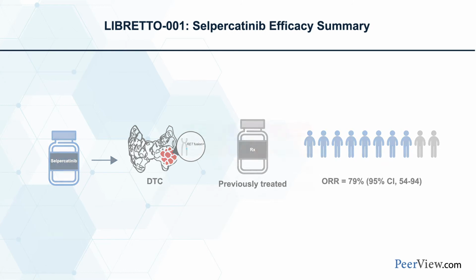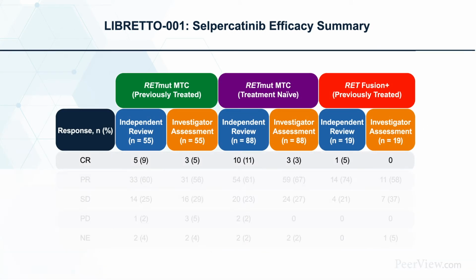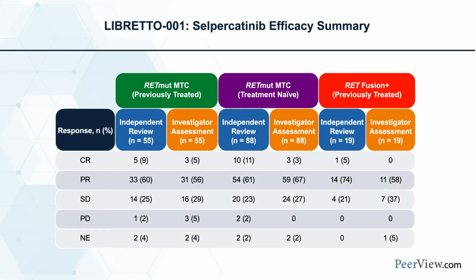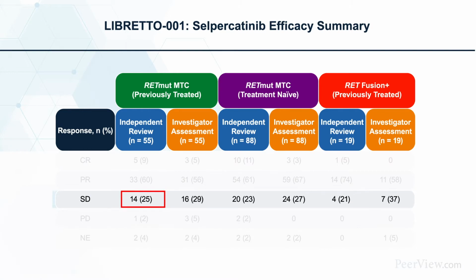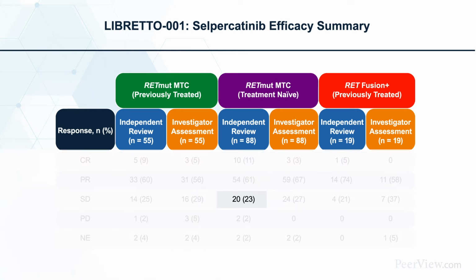When we look at it, we see that most of these were partial responses, but several of them were also complete responses. But look below at the line for stable disease. You see that another 14 patients in the previously treated cohort, or another 25% of patients, also had stable disease. 20% in the case of the RET-mutant not previously treated had stable disease, and another 21% in RET fusion-positive thyroid cancer.